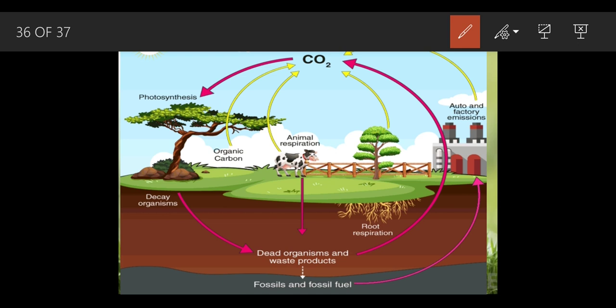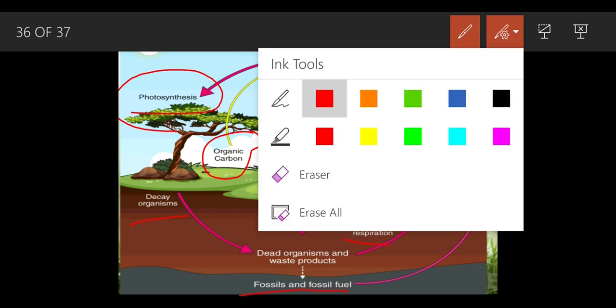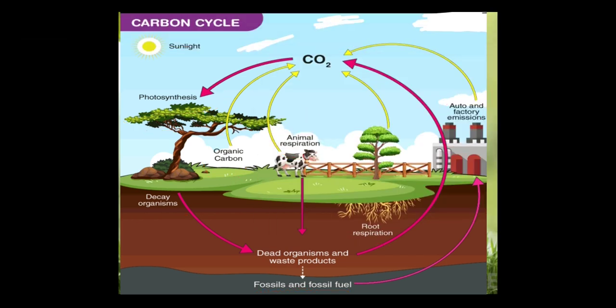See, there is a presence of fossil fuels, root respiration, decay organisms meaning dead animals, animal respiration, automobile, factories like brick, heating of limestone, and photosynthesis. So this is a perfect carbon cycle you can see in this diagram.